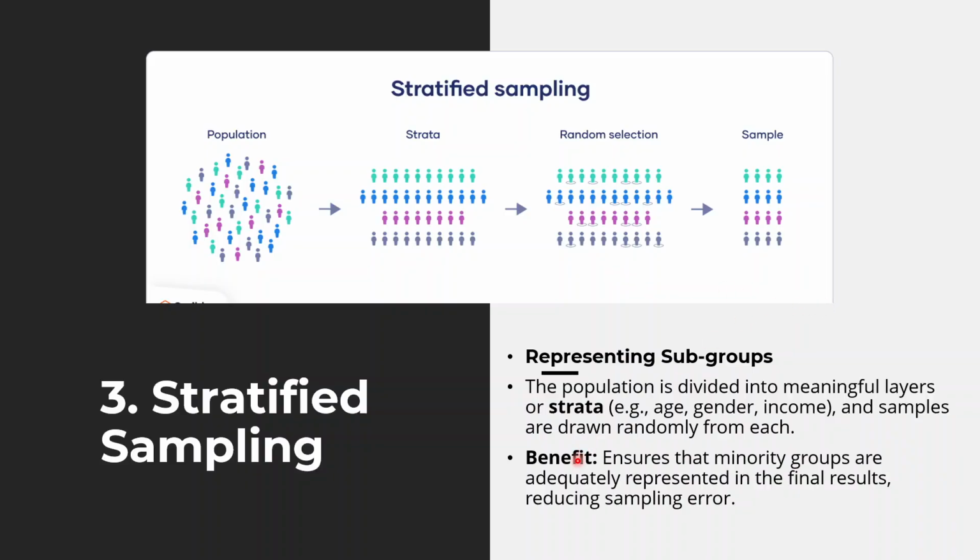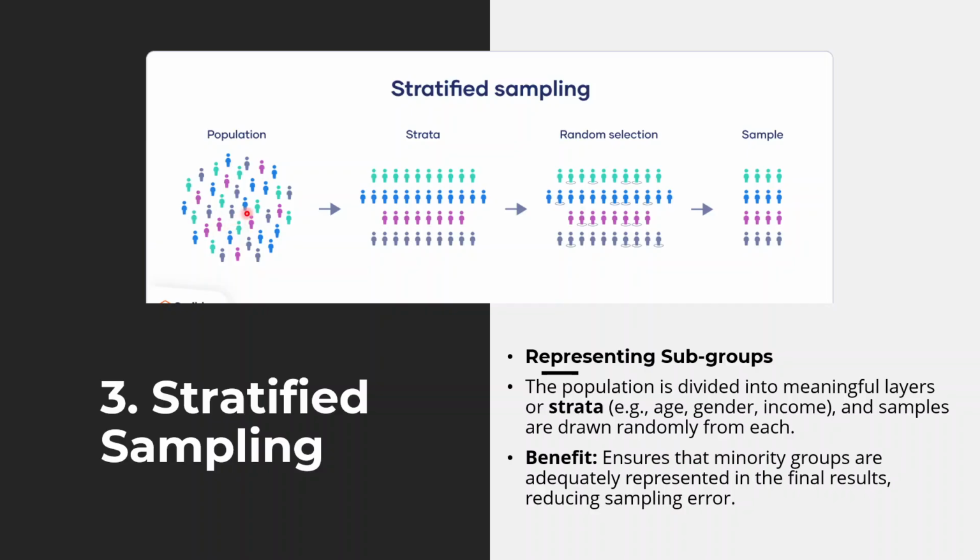The advantage of using stratified sampling is it ensures that minority groups are adequately represented in the final results, reducing sampling error. Let me say I had some color, let me say yellow here. There were only two yellow figures here.